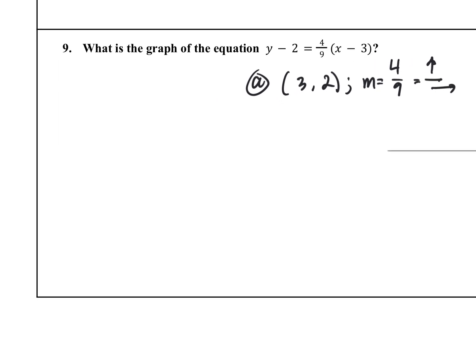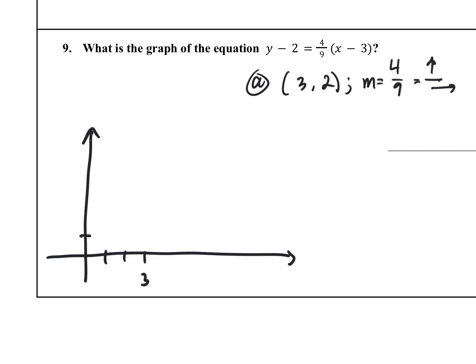Okay, so first let's create our x and y. So it's going to be this much. So let's point out 1, 2, 3. That's going to be 3, and then 2, 1 and 2. Okay, this is going to be my graph, and the point 3, 2 is located in here. Now we're going to use our slope, which is 4.